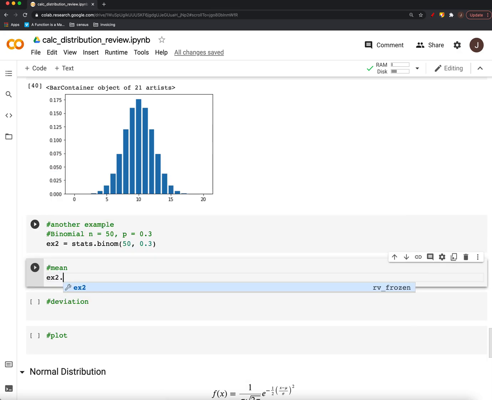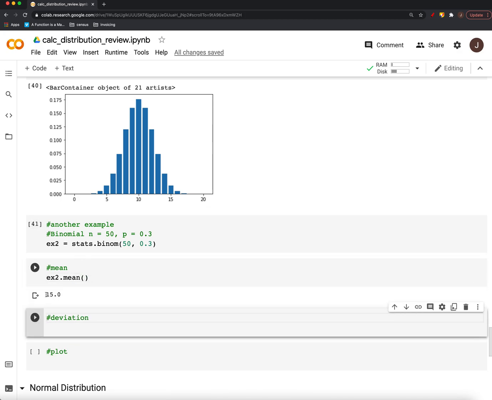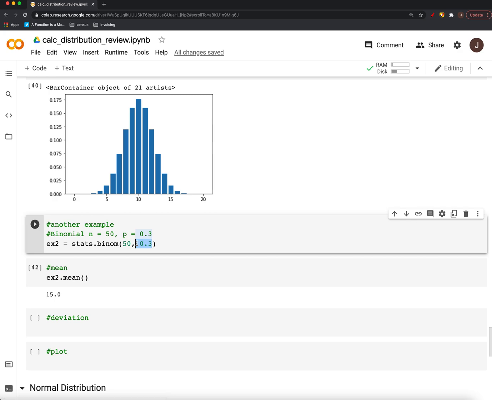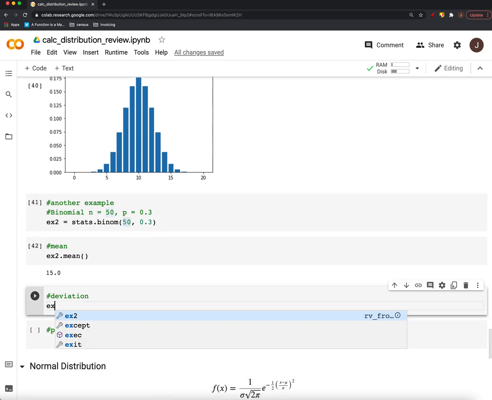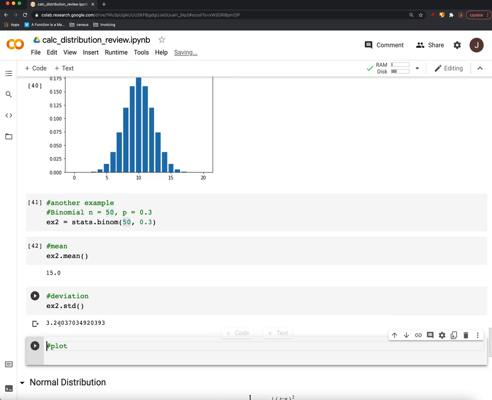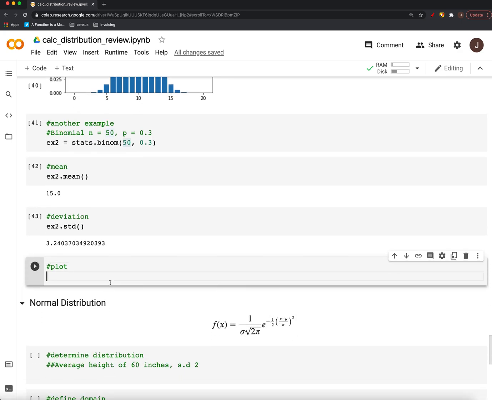So the mean of this now is 15 because success is less likely. So we're to the left of 25, right? And the standard deviation is 3.24. So again, what do these mean?